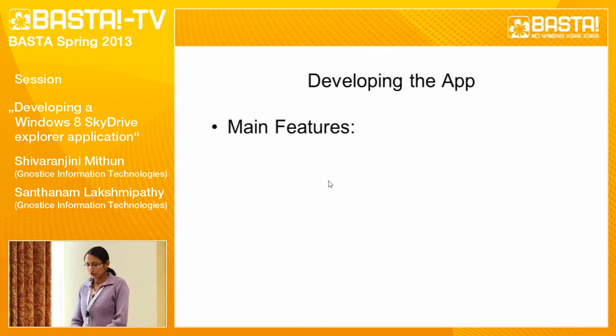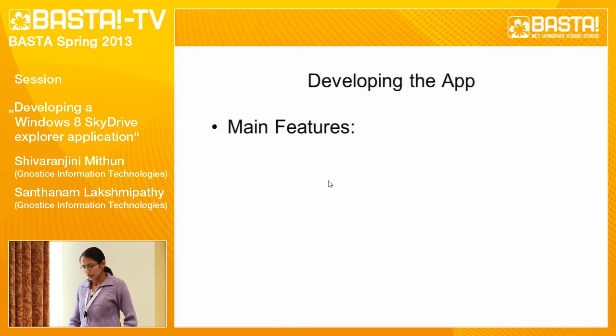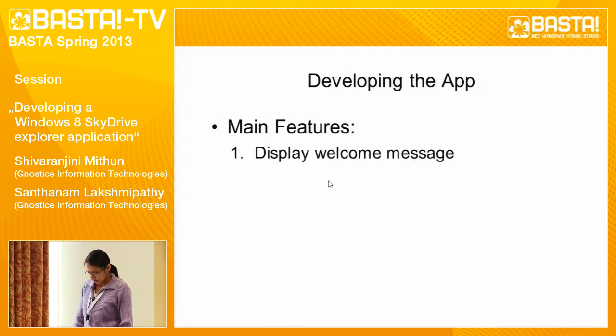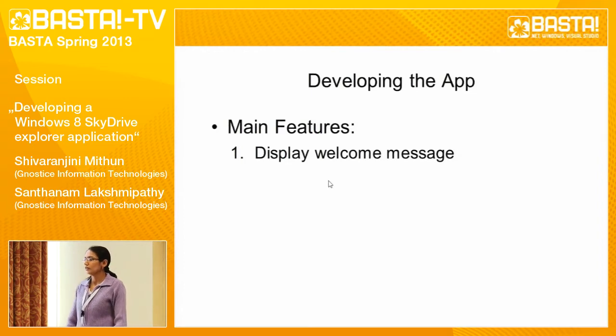So once we get permissions from the user, it's time to think about the main features which we are going to provide from our application. First we need to identify the features which we are supporting, and then we'll see how to implement them. For this project, as soon as the user is signed in, it's nice to greet the user, so initially we'll show a welcome message.